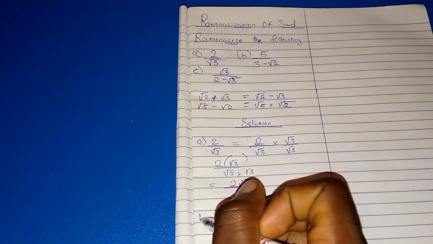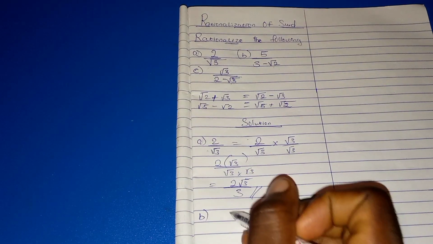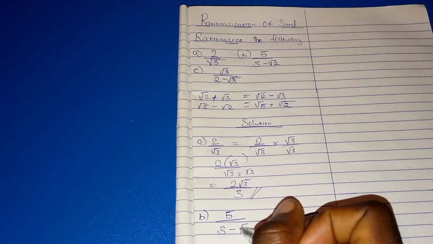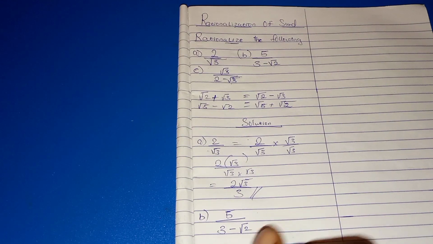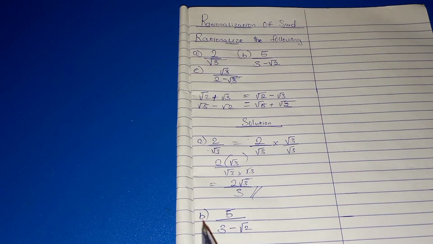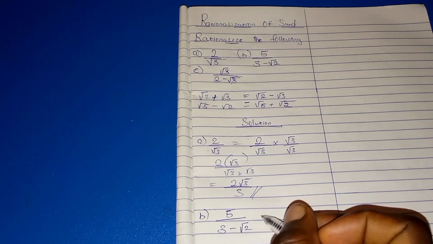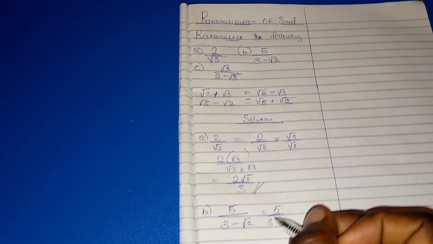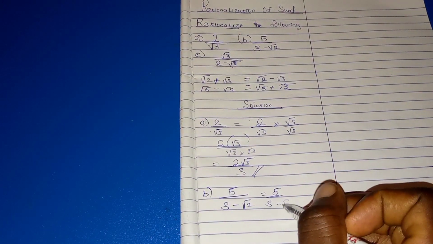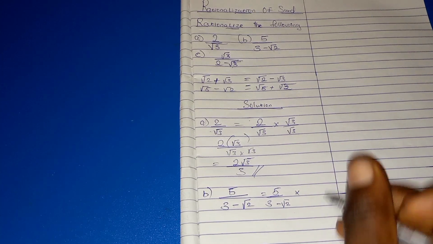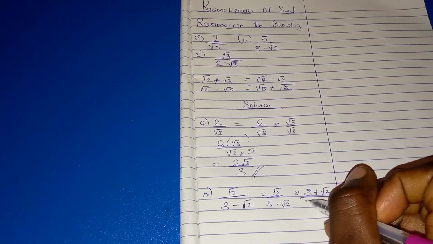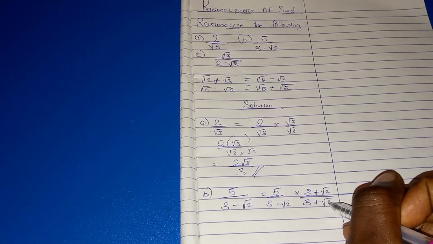So let's move to problem B, where we have 5 over 3 minus root 2. The application of the conjugate is involved in this expression, where we have a minus sign. So this would actually be 5 over 3 minus root 2 multiplied by 3 plus root 2 over 3 plus root 2.